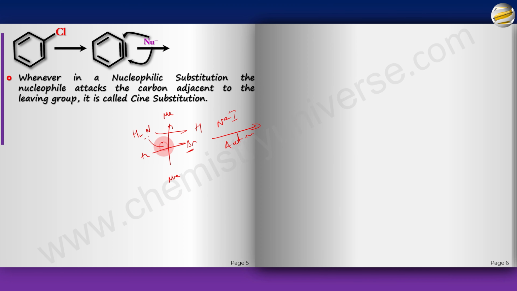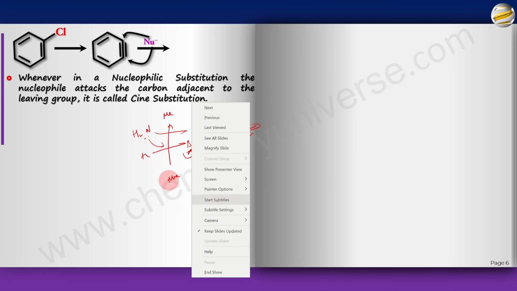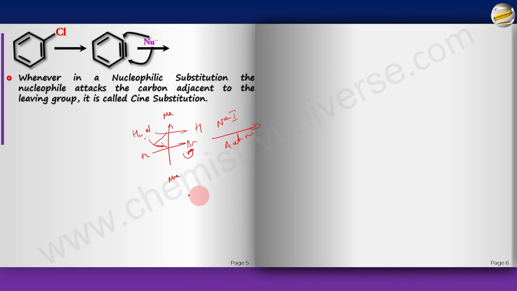But the NGP of this would make a ring here, right? So if you look at the NGP, you have NH2 forming a ring with this, having a plus here, H here, and the Br is gone. So now the nucleophile can either attack this carbon or it can attack this carbon, since both carbons are similar. So whenever it attacks the adjacent carbon, we call it cine substitution.